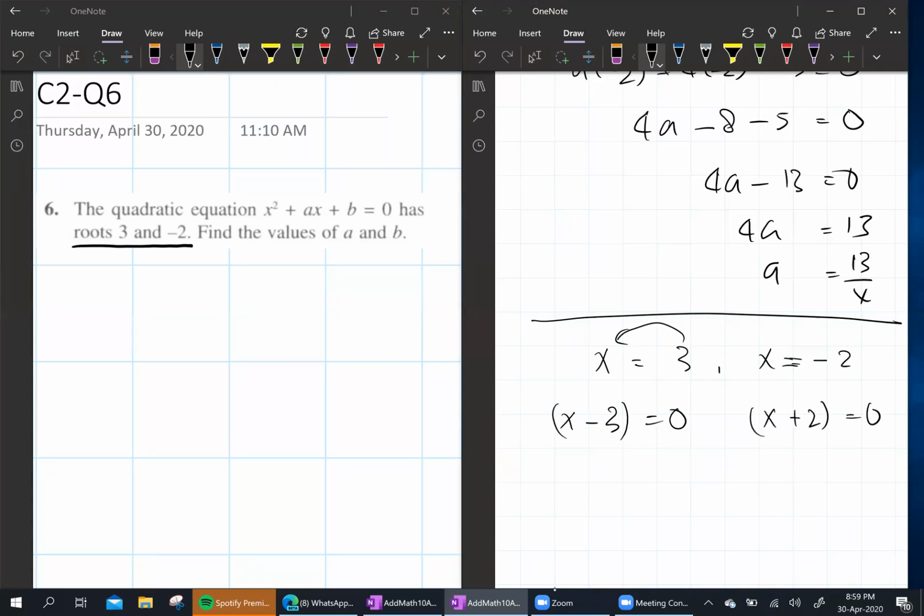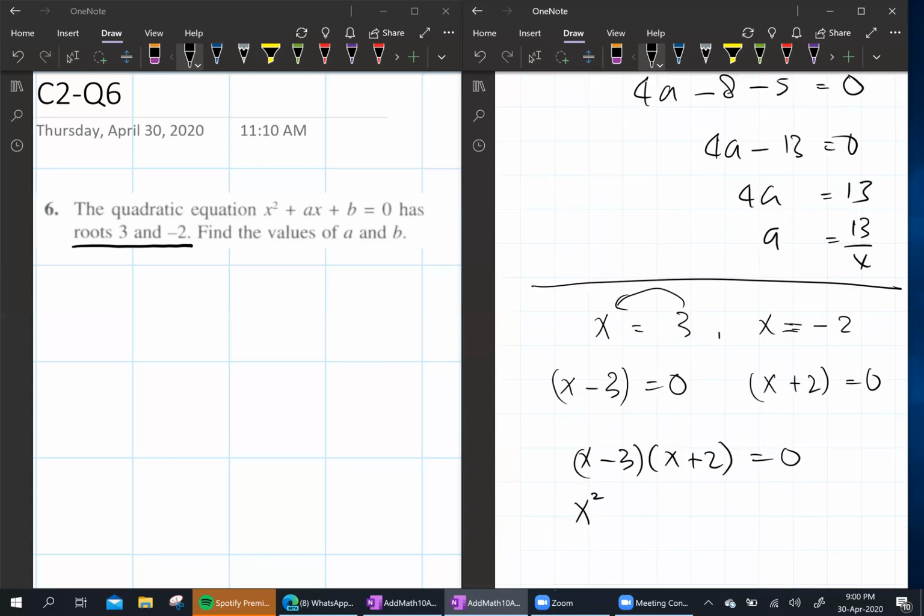So x minus 3 times x plus 2 equals to 0. Expand, you get what? Wait, I do it.